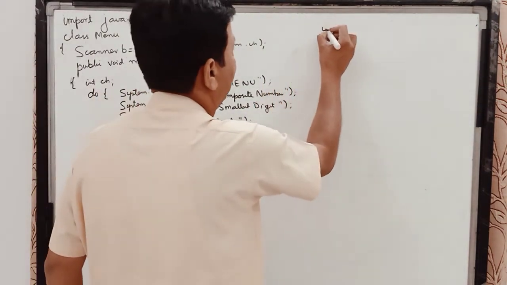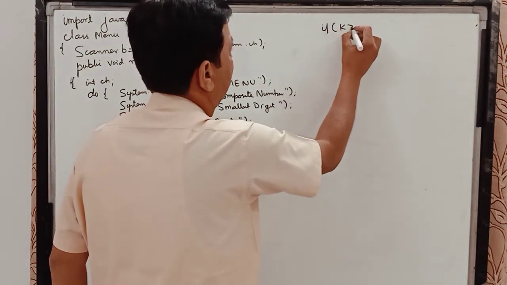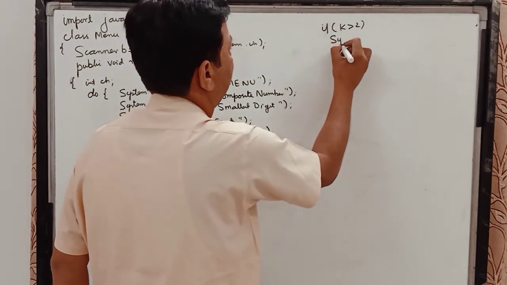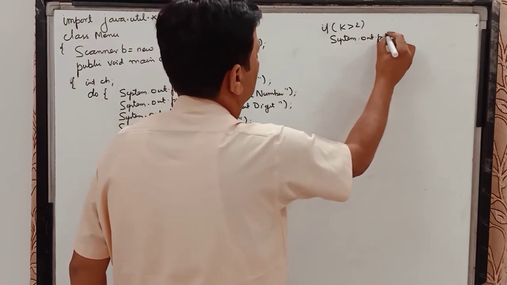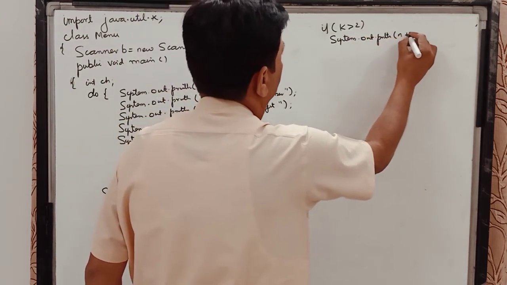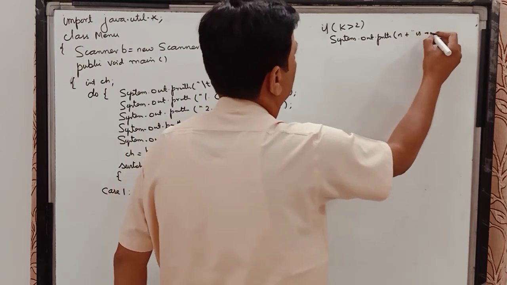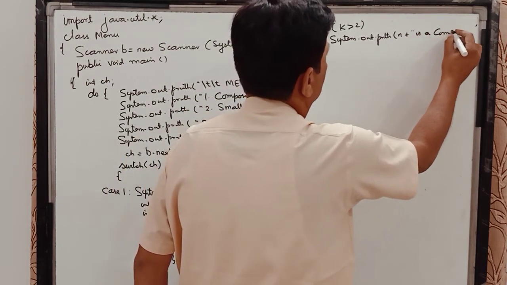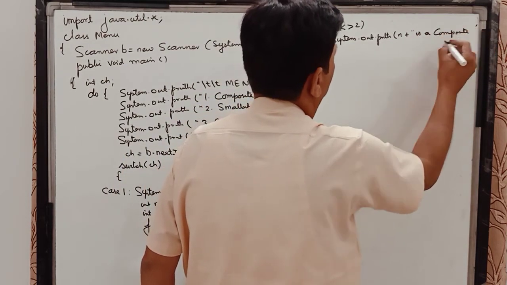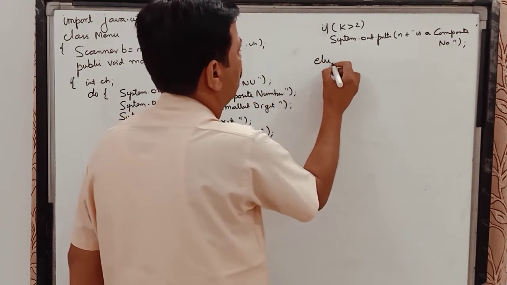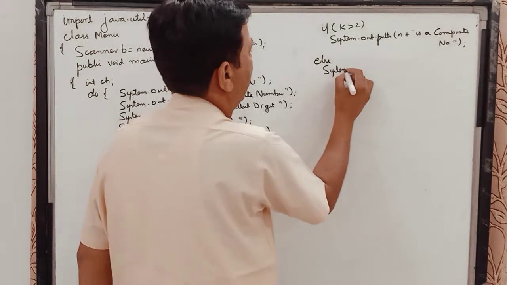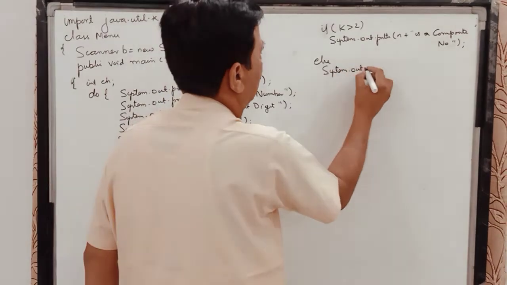So here we say if k is greater than 2, we print that n is a composite number, and else we print that n is not a composite number.